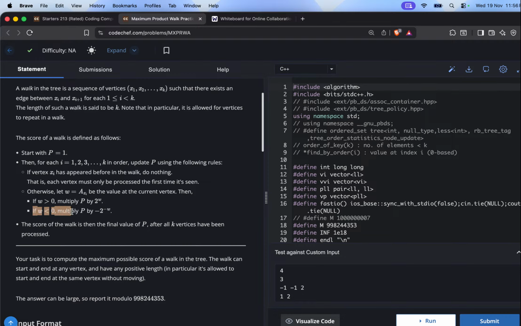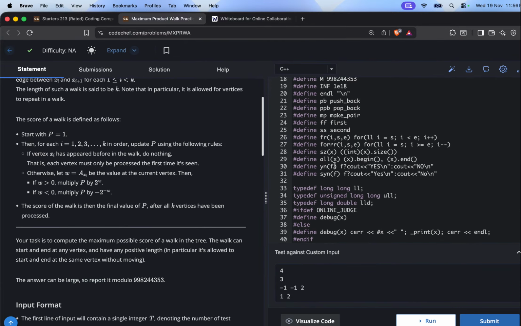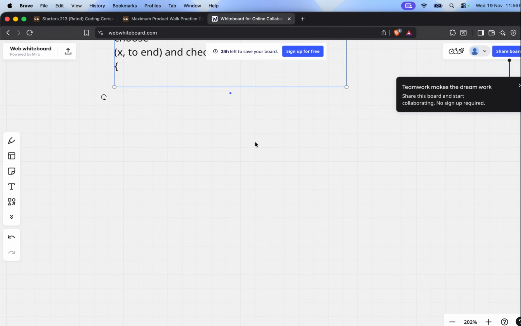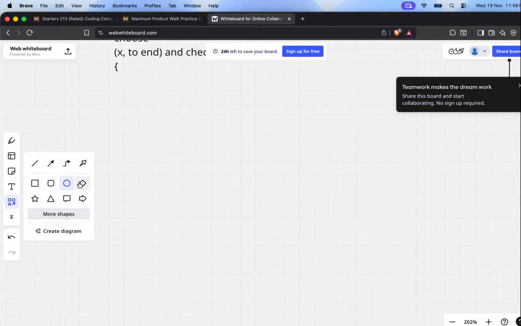If our value is smaller than 0, that is negative, multiply it with negative of 2 to the power minus w. What does this mean? Okay, let's understand the question. Let's say we were given a tree.